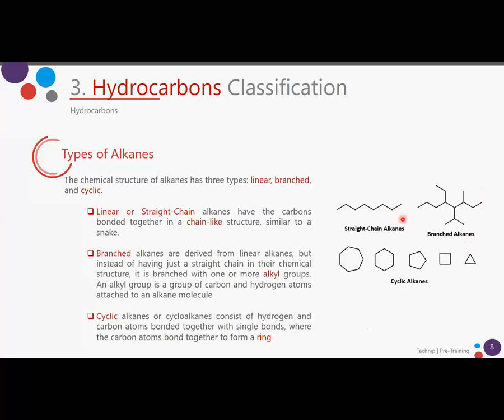We have here branched alkanes, where we see all these alkyl groups attached to the linear alkane. We see here the cyclic alkanes: cyclobutane, cyclopentane, cyclohexane. These cyclic alkanes, we'll see later, are also called naphthenes.